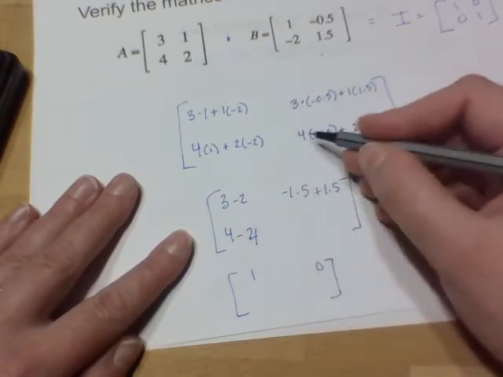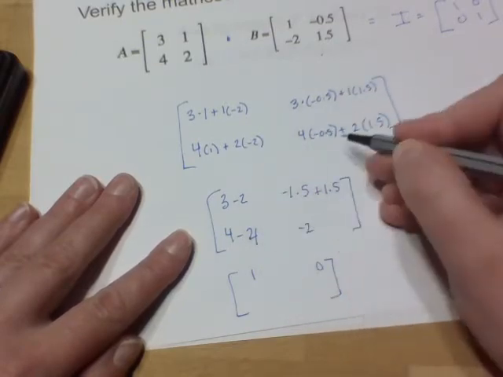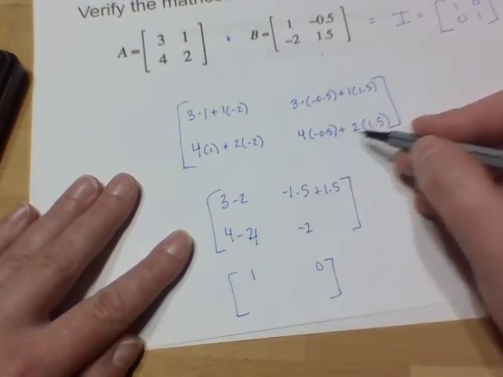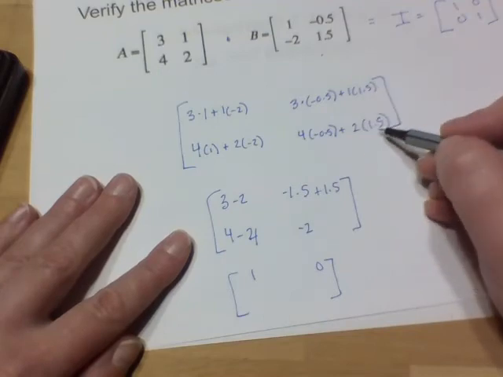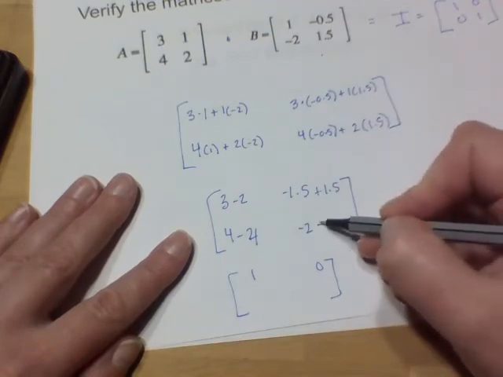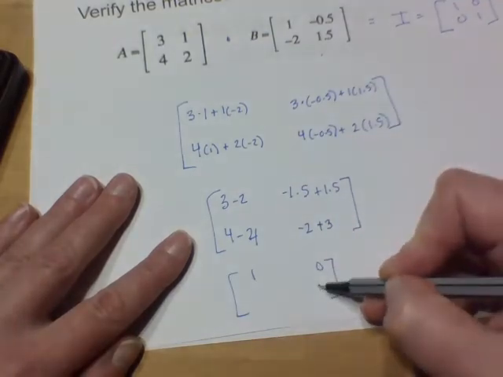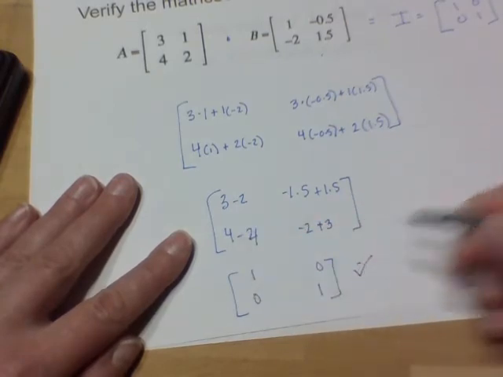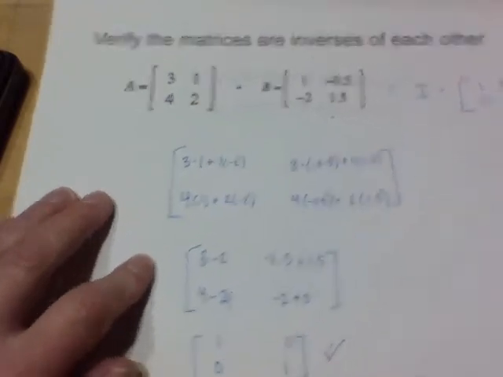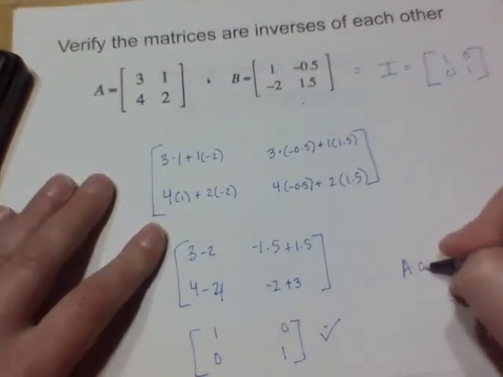Okay. And then over here, we're going to have negative 2 plus 2 times 1.5 is 3. And so that's 1. And that would be 0. And so because it ends up being the identity matrix, we do in fact have A and B are inverses.